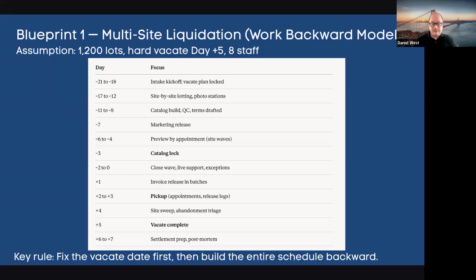And you can see the rest of the flow here, right? It is a little bit interesting. You can see that I put marketing release before catalog lock here, which is one of those things where you have to have some kind of discretion around when you do each of these things. Earlier I said you want to have the catalog locked down before the marketing release.